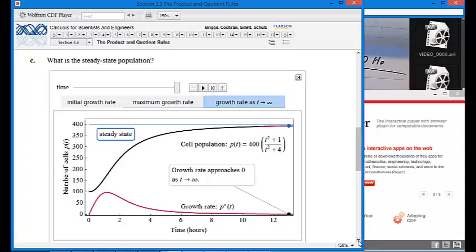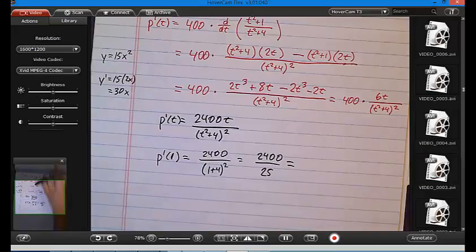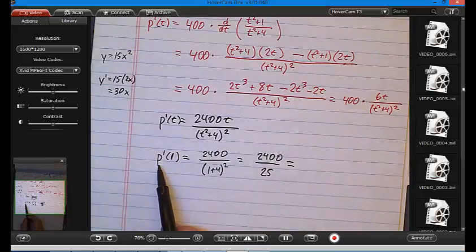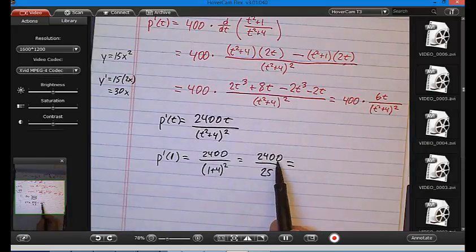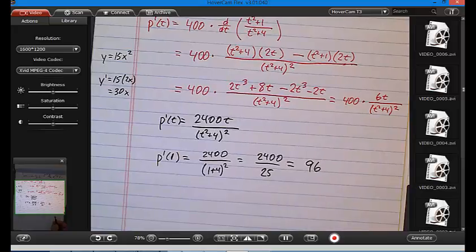Sorry, you can't see. So if I do p prime of 1, and I plug in the 1, I get 2400 over 25. I think that's 96, right? Because 2500 over 25 would be 100. And so if you look at the picture, again, when I plug in a 1, I'm almost up to 100. I'm at 96. You guys see that?